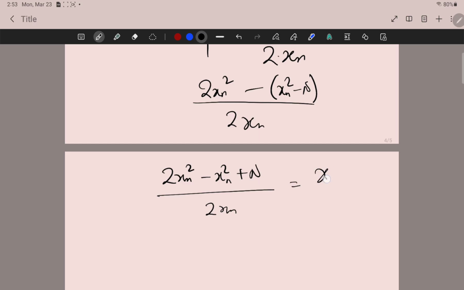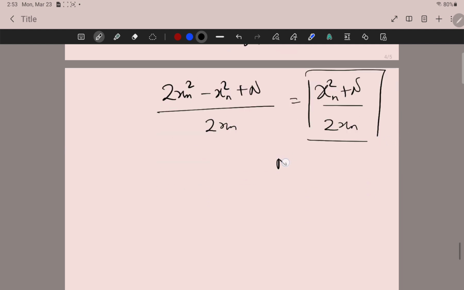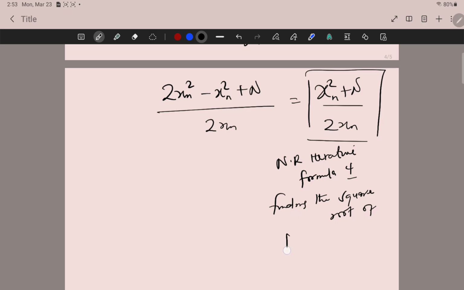So your answer is xn squared plus n divided by 2xn. So this is the Newton-Raphson's iterative formula for finding the square root of a positive integer. I believe I've taught this before.